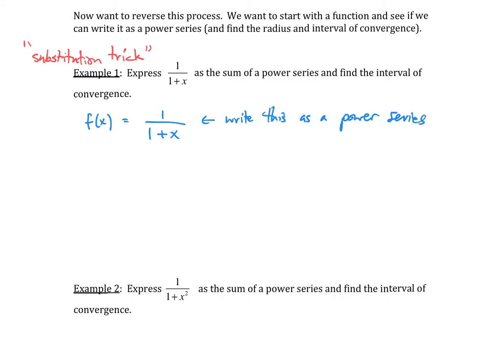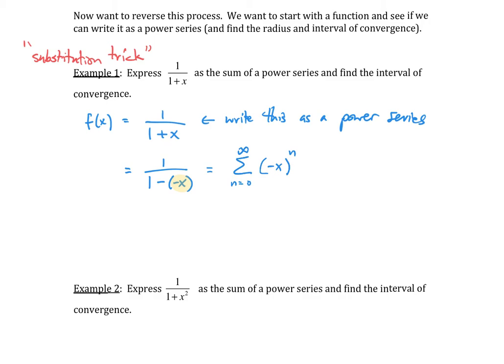And what I will notice is that this is the same thing as 1 over 1 minus negative x. So I had referenced this idea of a substitution trick. The part that we're going to actually substitute is this negative x right there. So I'm going to take my geometric series and substitute that in. So I'm going to have the summation as n goes from 0 to infinity, and instead of writing x to the n, I'm going to write negative x to the n.